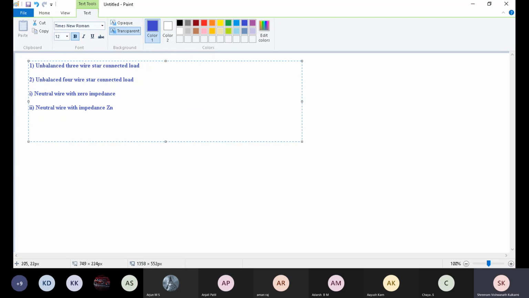Okay, then coming to the third one, that is unbalanced delta connected load.